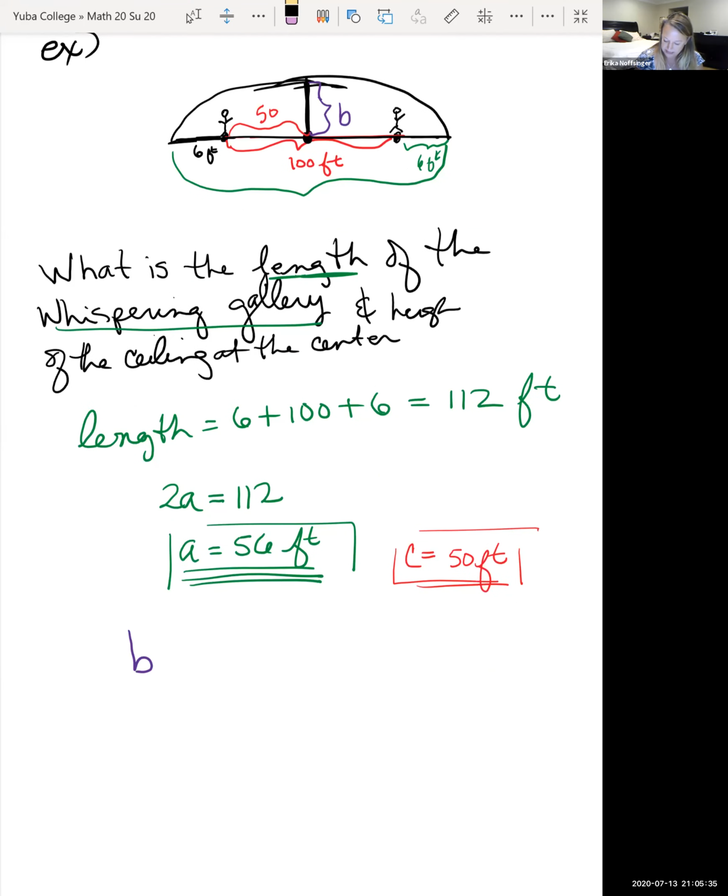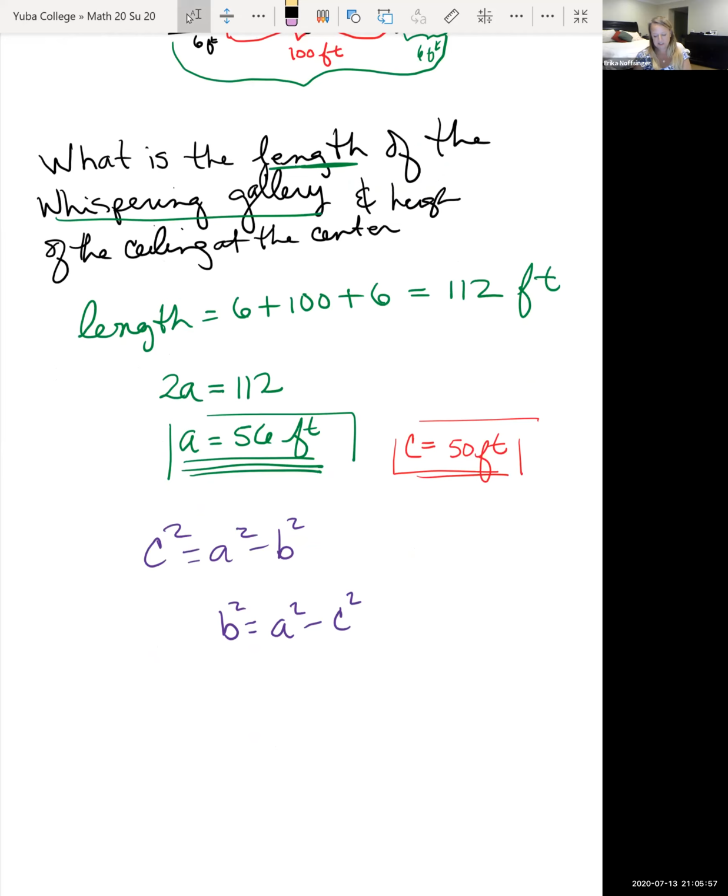Well, we know that C squared equals A squared minus B squared, or another way to say that is B squared is equal to A squared minus C squared. Just manipulating and solving for B squared.